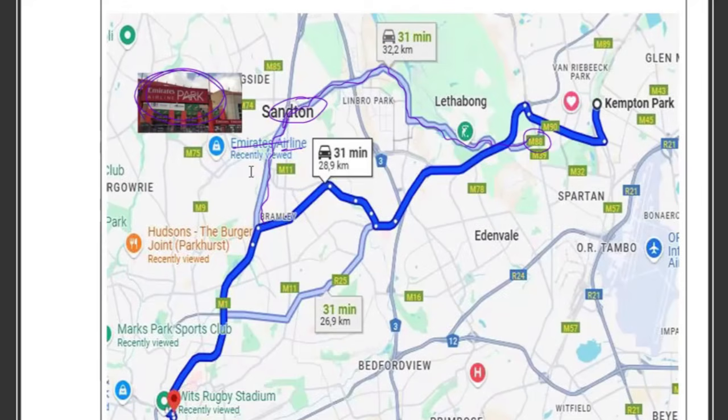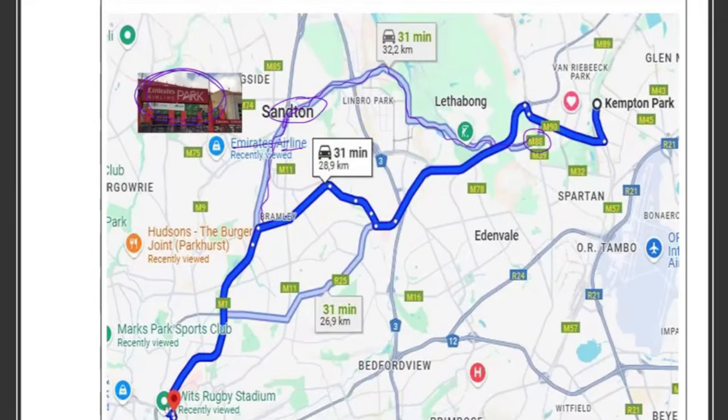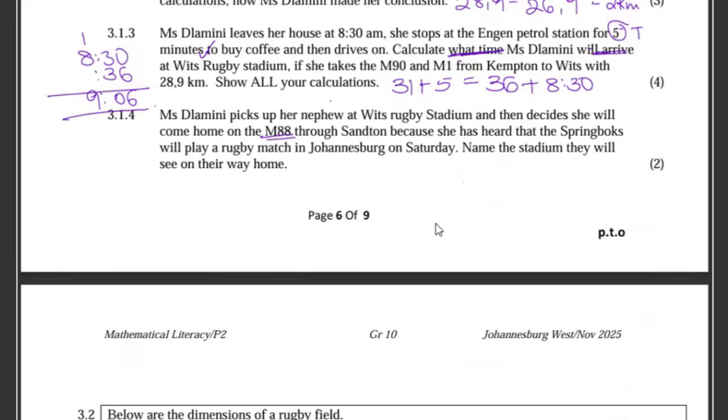So the answer is Emirates Park. And we get our 2 marks.